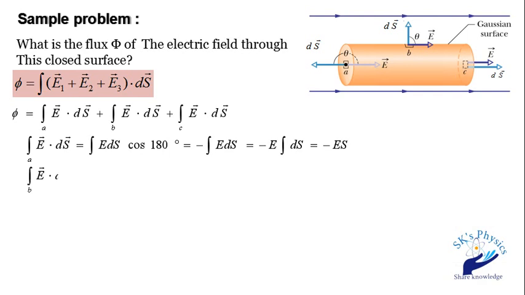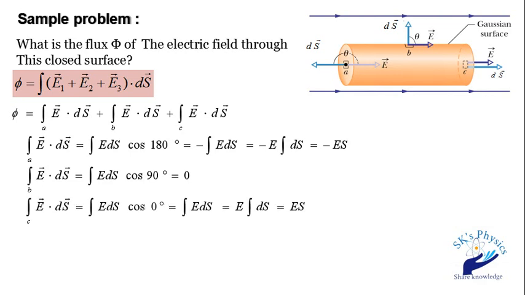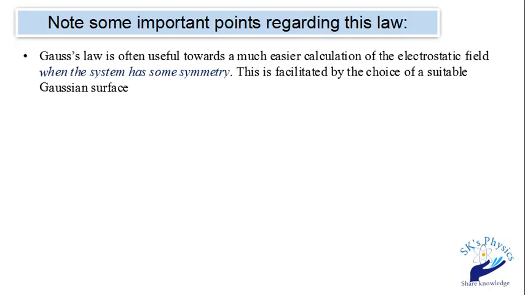Here ds and E are perpendicular on B, so E ds cos 90 is 0. For C, integration E dot ds is equal to E ds cos 0, which is E integration ds, equal to ES. Now the total flux phi is equal to minus ES plus 0 plus ES, which is equal to 0.